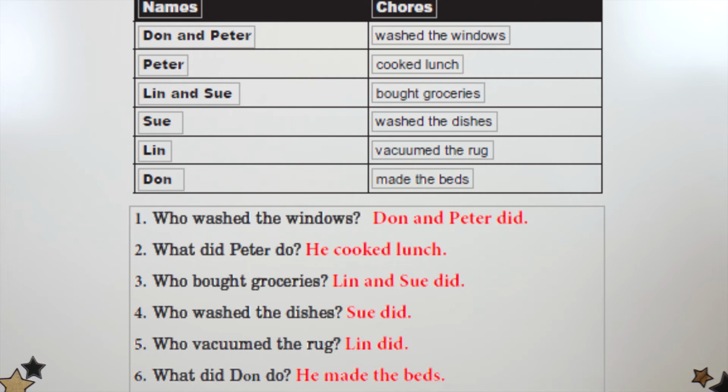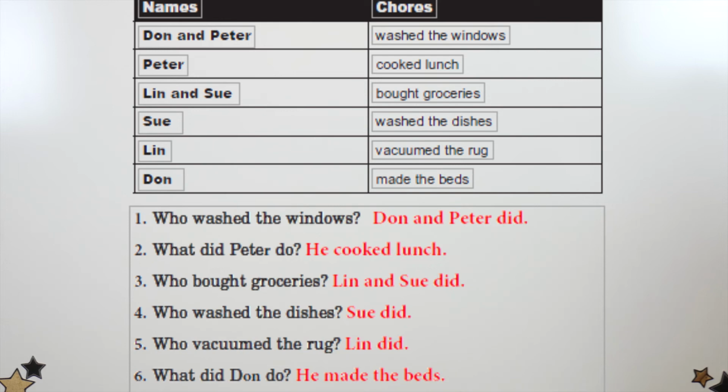Number 1, who washed the windows? Answer, Dawn and Peter did. Number 2, what did Peter do? He cooked lunch. Number 3, who bought groceries? Answer, Lynn and Sue did.